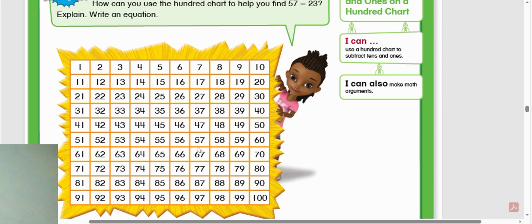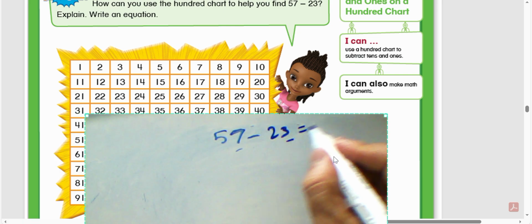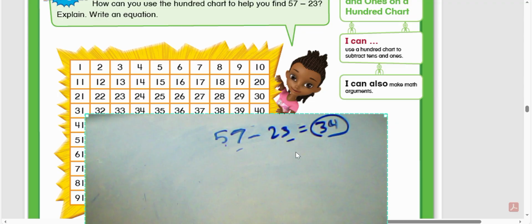Subtract 2 in the tens, and then ones 3. 57 subtract by 23. 7 minus 3 is 4. And 5 minus 2 is 3. Then the answer will be 34.